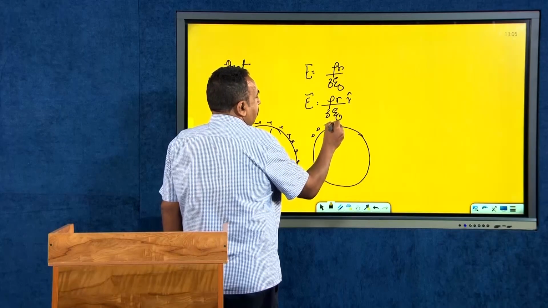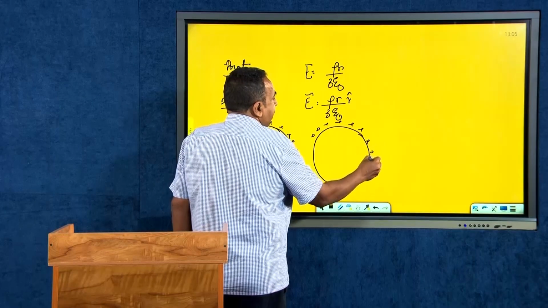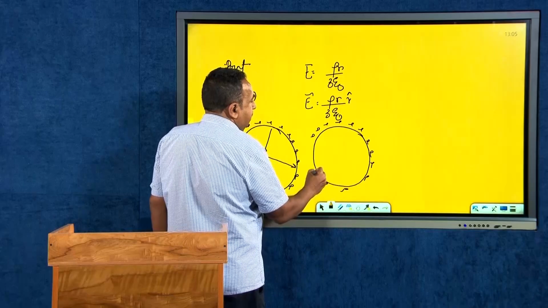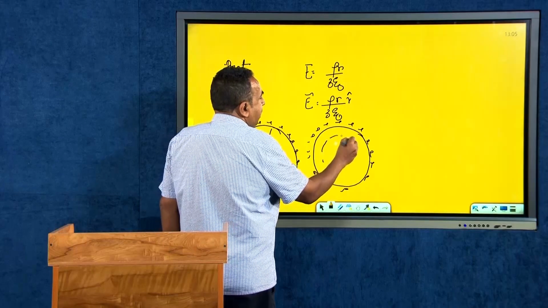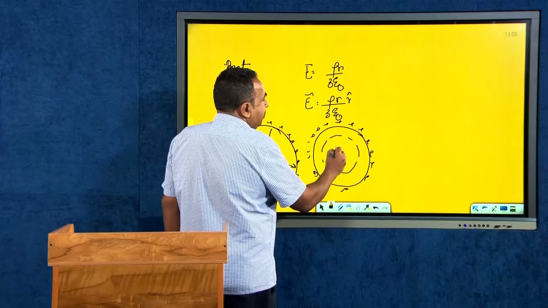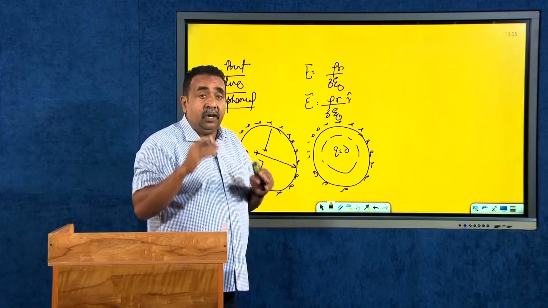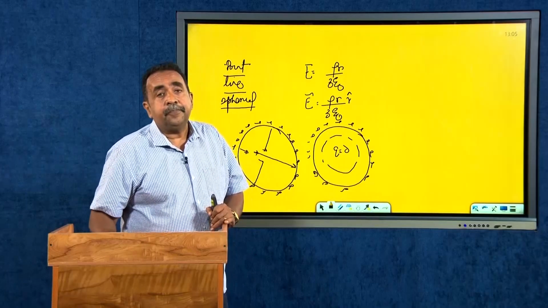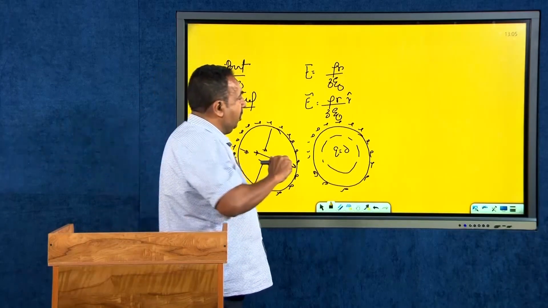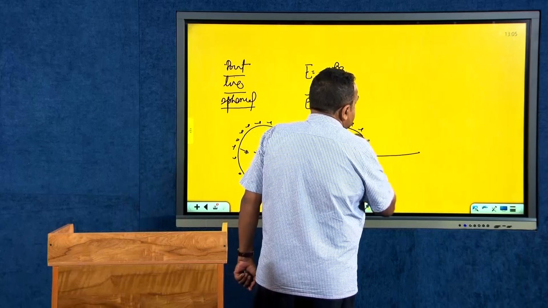All the charges will be residing on the surface of the metal. Therefore, if you construct an imaginary Gaussian surface, there is no charge inside. Therefore, the electric field inside a metallic solid will always be 0, and the outside, it is as usual.